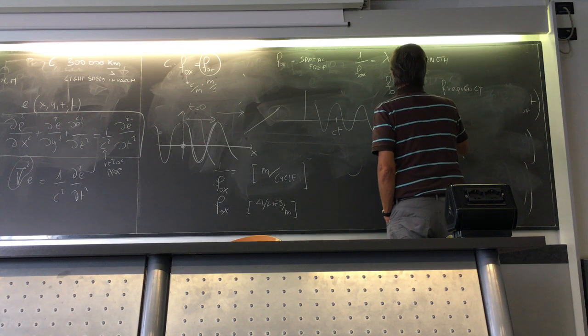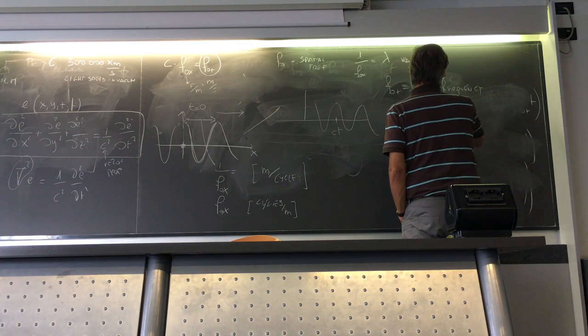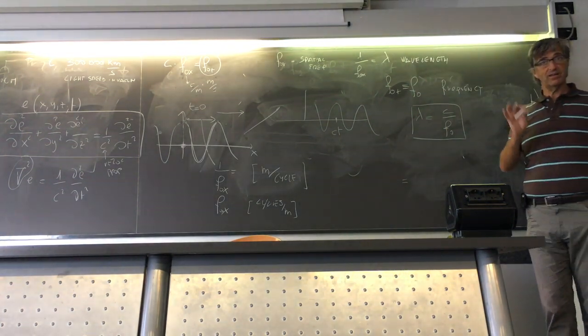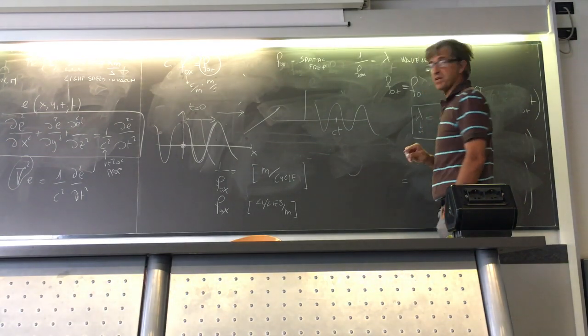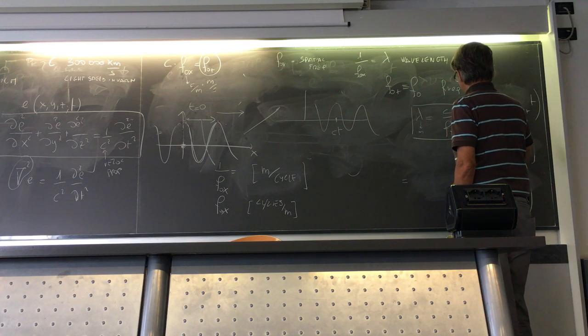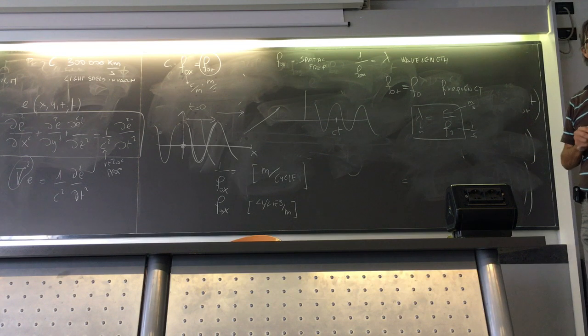So lambda is c divided by f0, and this is a very important property. Dimensionally, always when you write this, remember that this is written in meter, okay? This is meter per second, and this is 1 over second. So this equation is correct. Okay, remember always to do it.